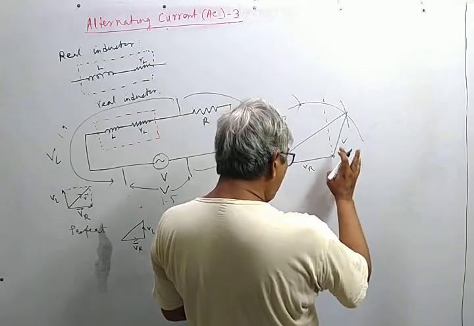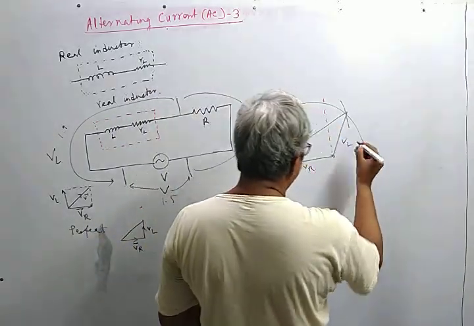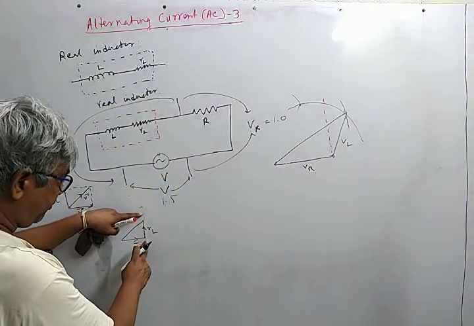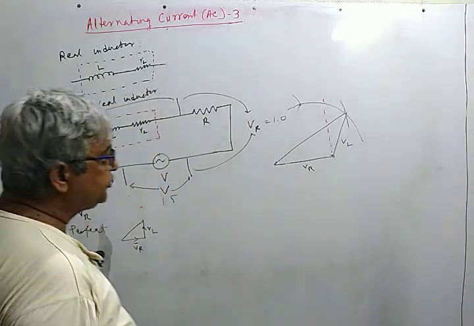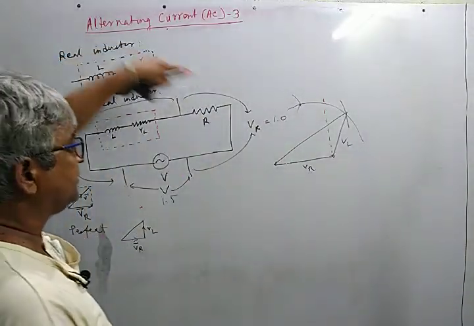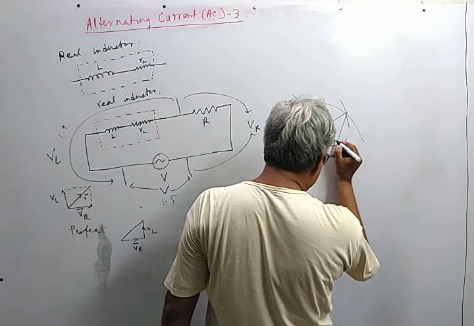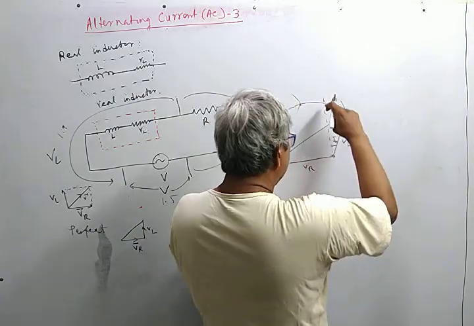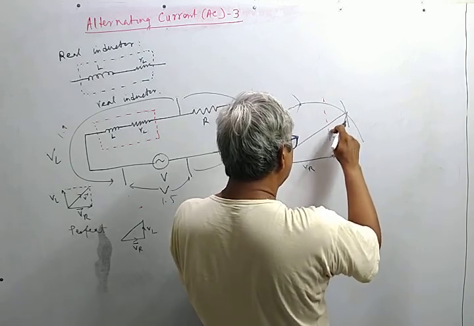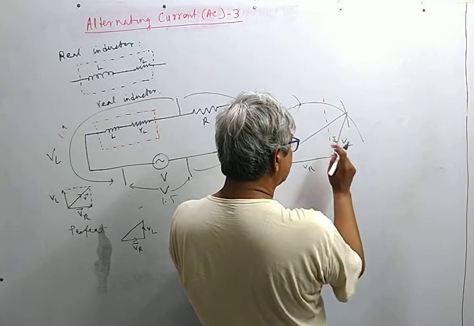However, for the case of a perfect inductor, this VL would be perpendicular to VR. But due to the imperfection it has been shifted by an angle delta L. So this is the direction perpendicular to VR, and this much is the deviation of VL from its ideal situation.